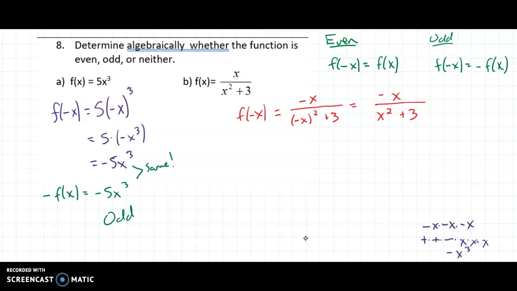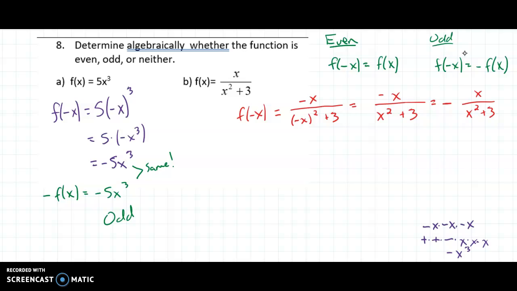Now, this is where the fractions are a little bit weird, and sometimes people forget the way that these work, but I can take this and write it as negative x over x squared plus 3. And the reason why I'm going to do that is because it makes it easier to compare to this thing. You can see that this is not the same as that, and you may recognize, all right, well, looks like it might be odd.